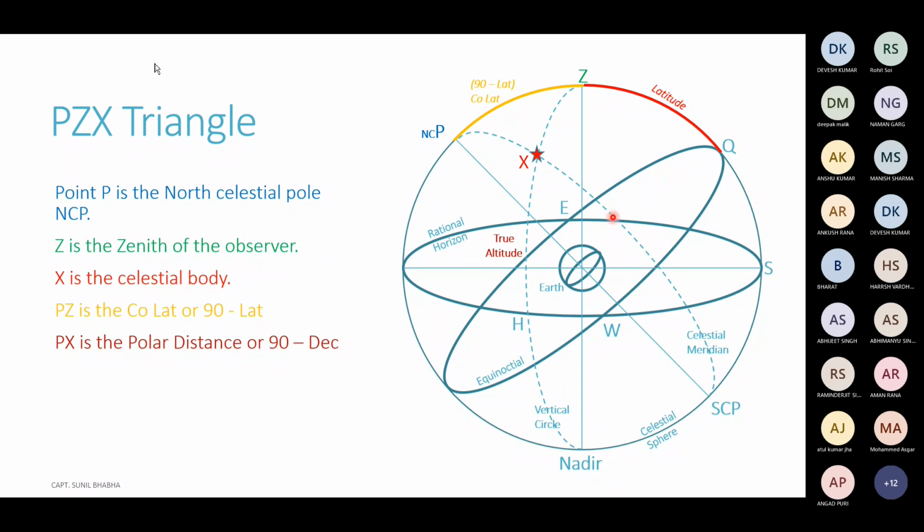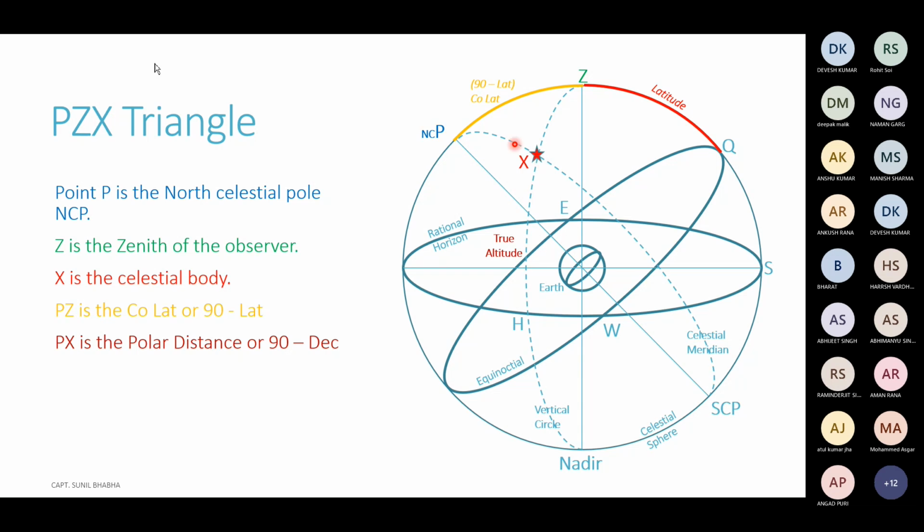And we also know that pole to equinoctial, going along the arc of the celestial meridian, is 90 degrees. Every point on the equinoctial is 90 degrees away from the pole. Equinoctial to the celestial body, this arc of the celestial meridian, is the declination.